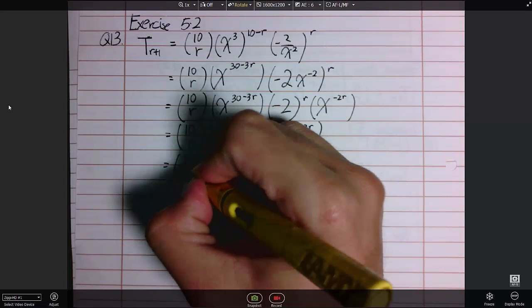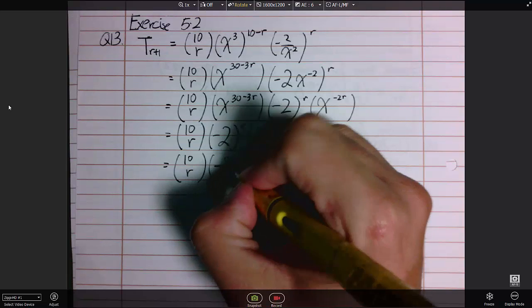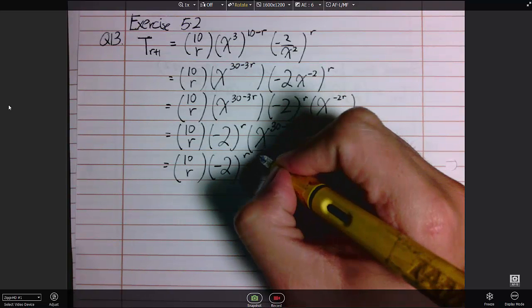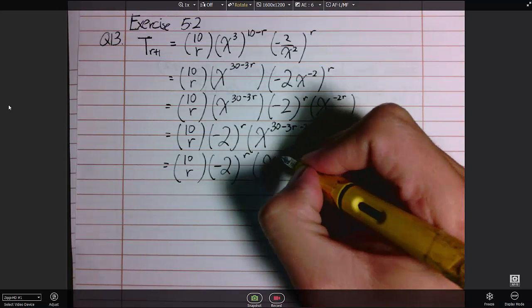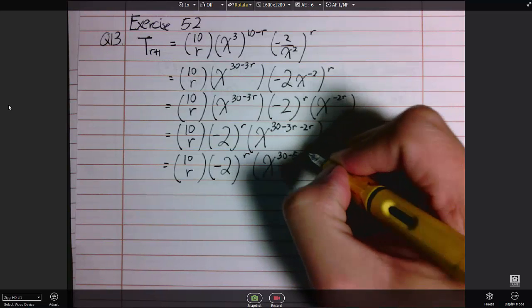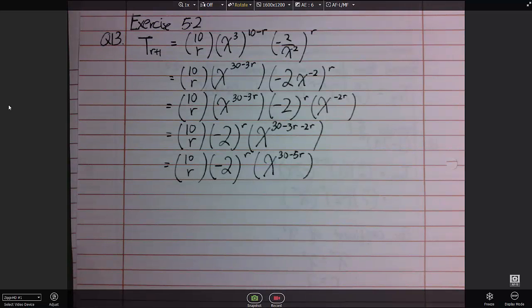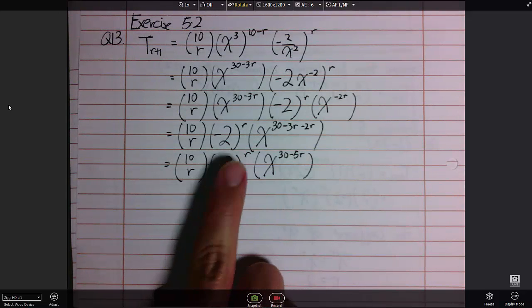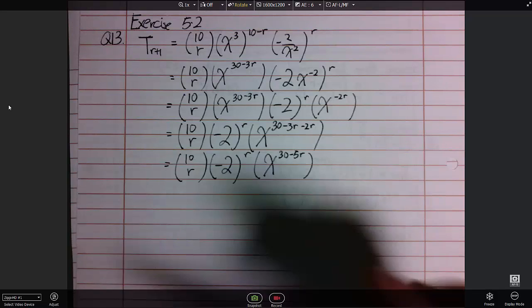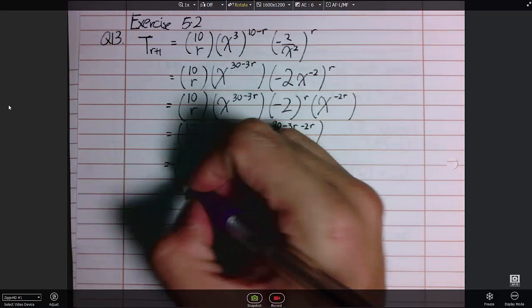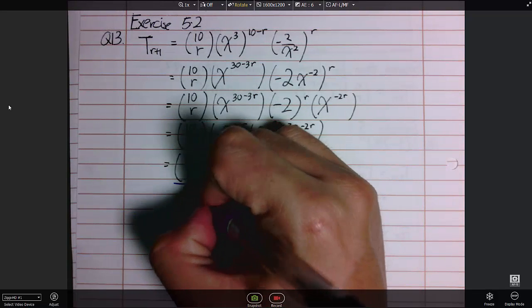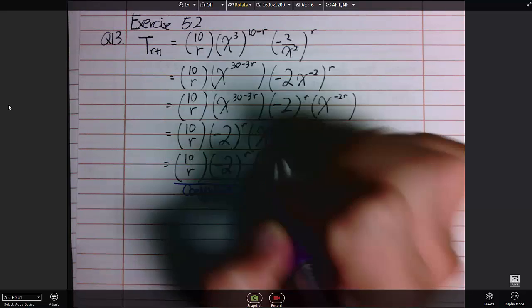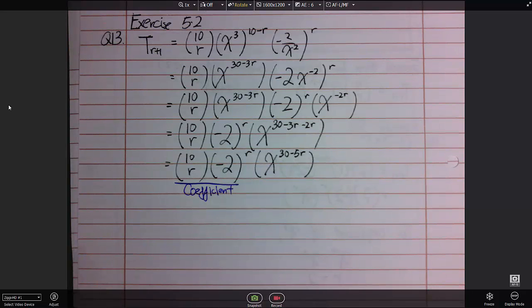I simplify further: negative 2 to the power of r, and here will be x to the power of 30 minus 5r. Notice that this is a term in x. 10 choose r is a number, negative 2 to the power of r is a number. So later on in the question, this portion will give me the coefficient of whatever term in x we're trying to find.